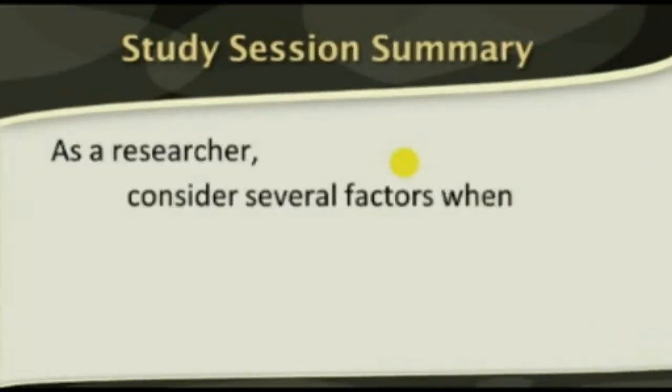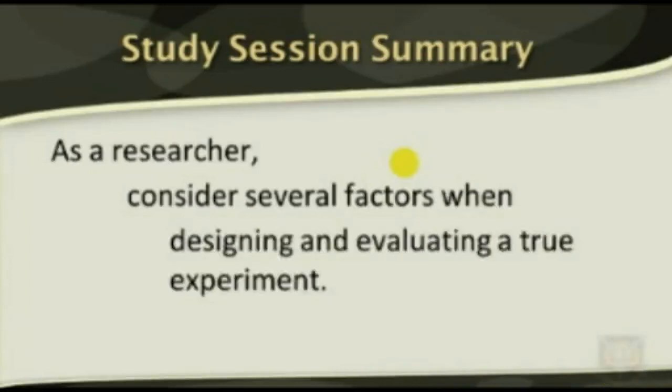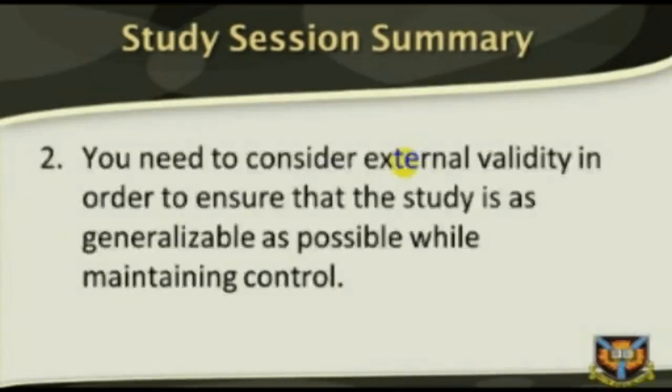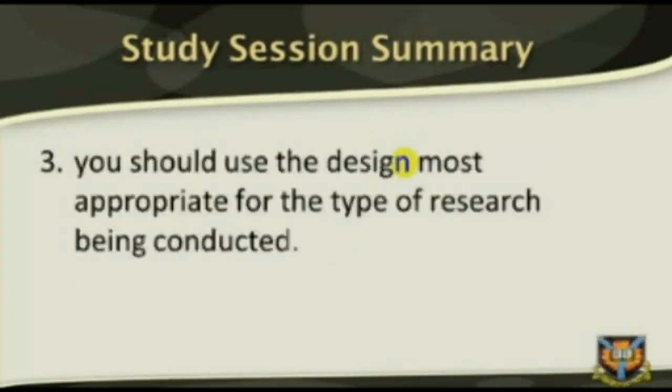Study session summary. In this session, you learned that as a researcher, you need to consider several factors when designing and evaluating a true experiment. First, you need to address the issues of control and possible confounds. Second, you need to consider external validity in order to ensure that the study is as generalizable as possible while maintaining control.